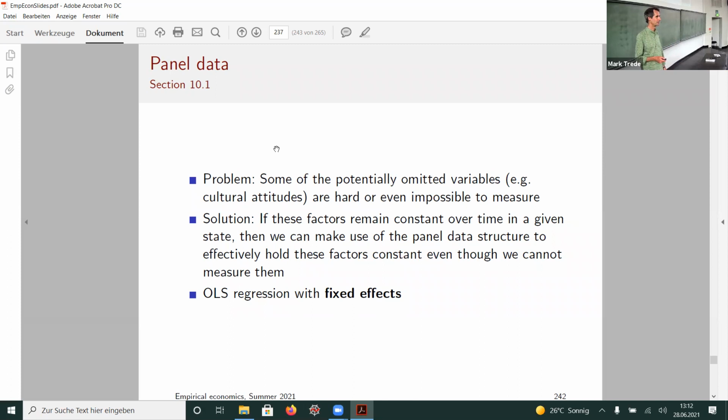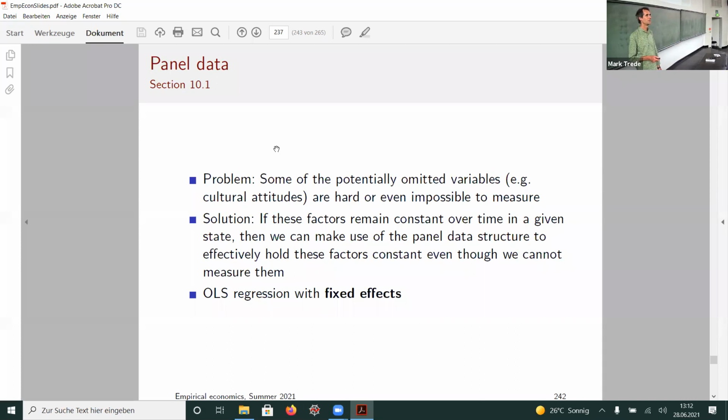We would start by focusing on only one state. By only looking at one state, I think it's quite plausible to think that, for example, people in Wyoming have a certain cultural attitude.